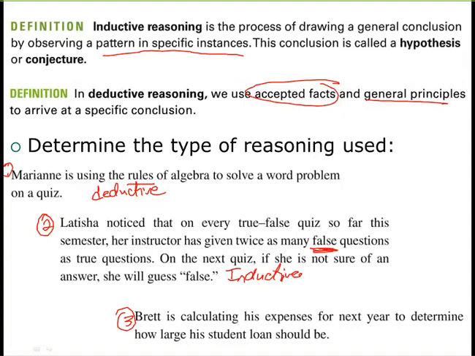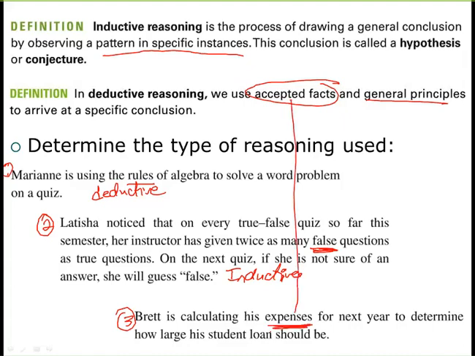reasoning. Okay, Brett is calculating his expenses for the next year to determine how large his student loan should be. Now, it's kind of hard because you're dealing with his past behavior, his past patterns of how he's been working, but again, it's a little bit harder problem because yes, he's working on his patterns from last year, but because he's looking at student loans, he actually knows for a fact what his expenses are.